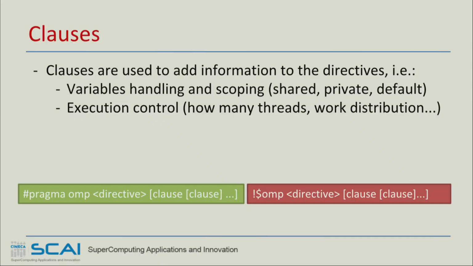For example, you will see later that you should manage which variables you want to make private or public. You want to define some information on the control of the execution. For example, how many threads do you want to use? What is the work distribution? What is the scheduling? So this is the starting point to which you can add a lot of specification.